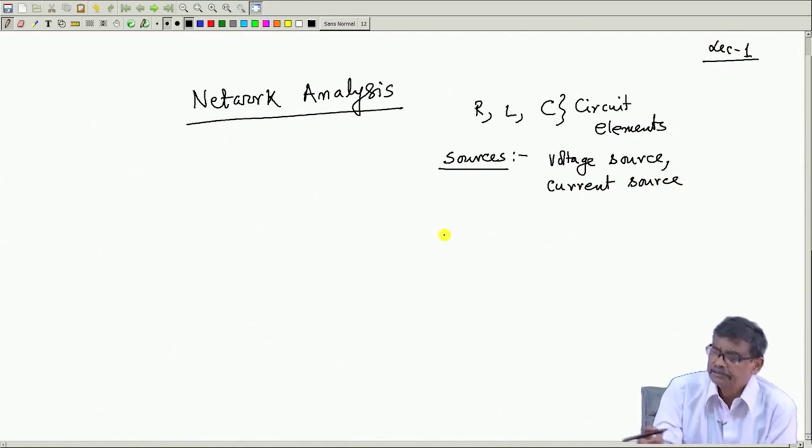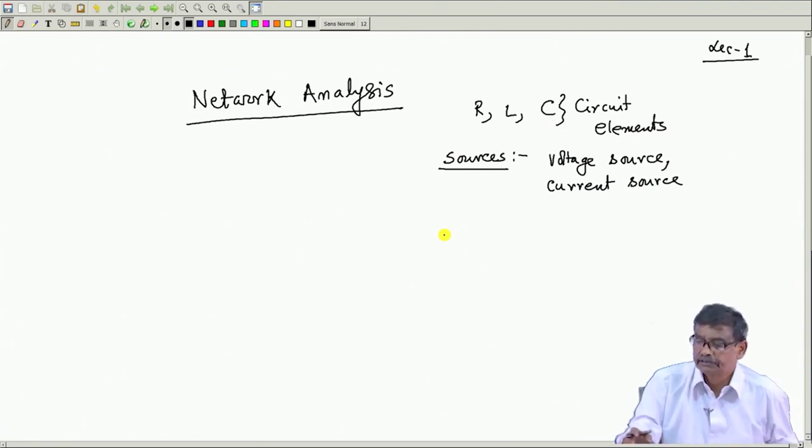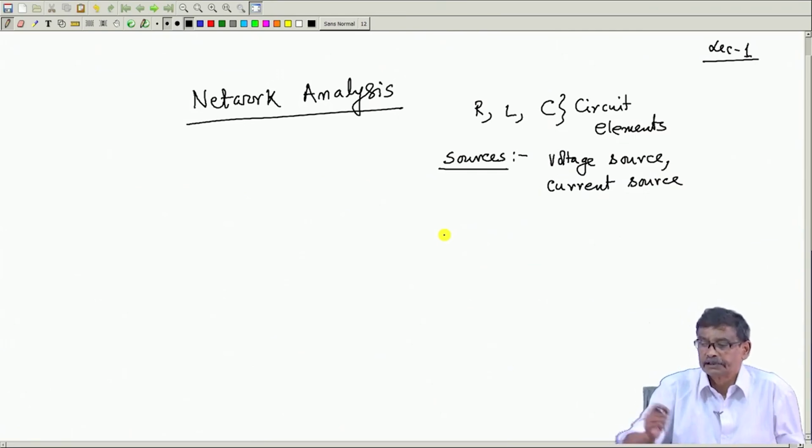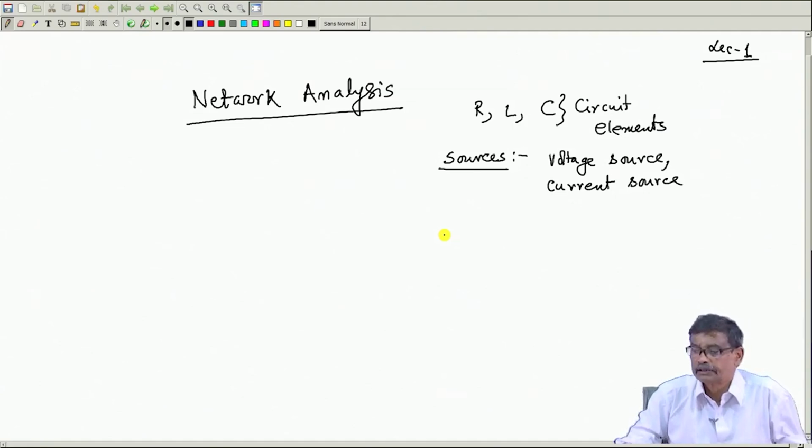So, a circuit will essentially consist of these circuit elements and sources like voltage source and current source.